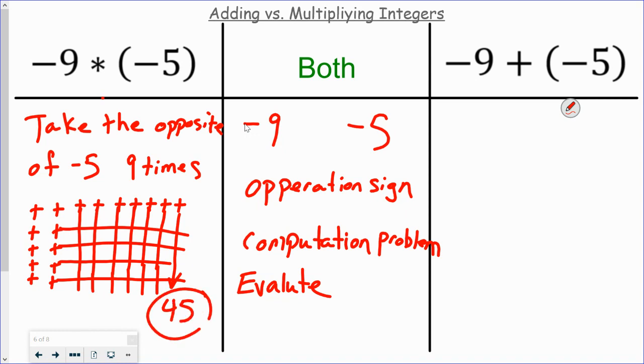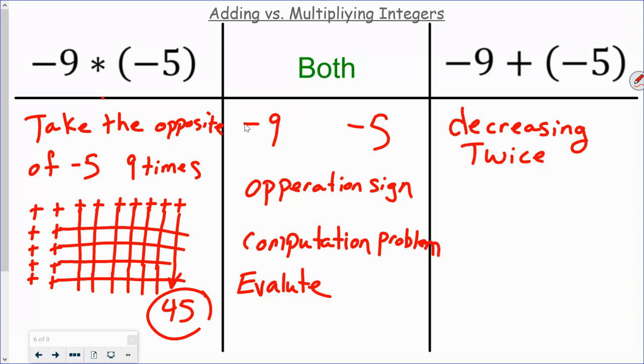Okay. We took two negatives, and because we're taking the opposite of what we are multiplying, our number actually got bigger. But let's look at what happens when we add. When we add, okay, we are decreasing twice.